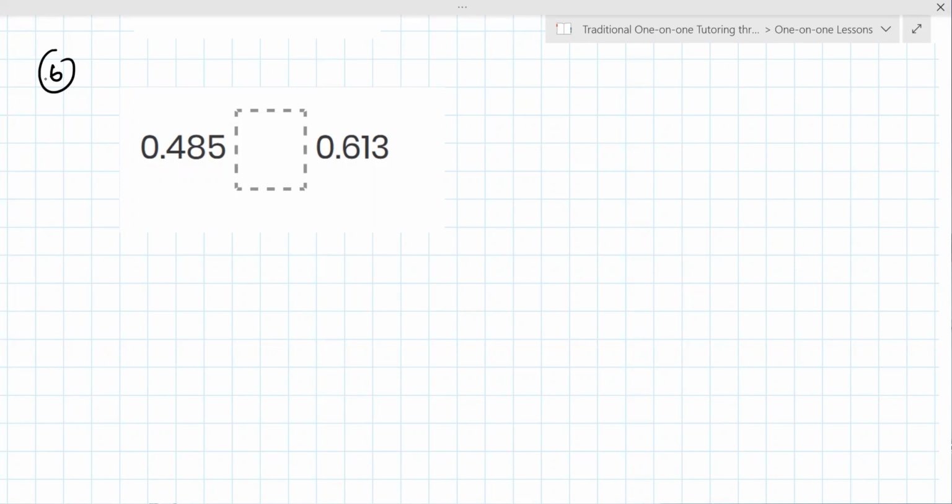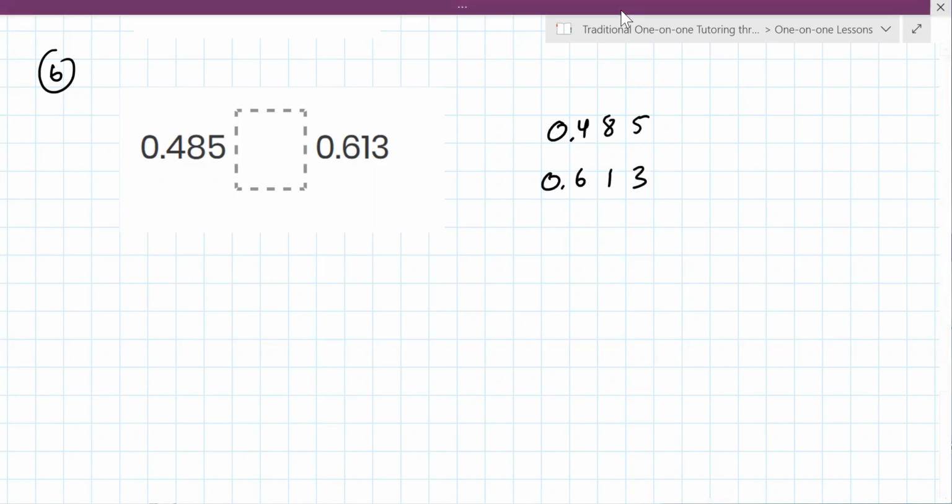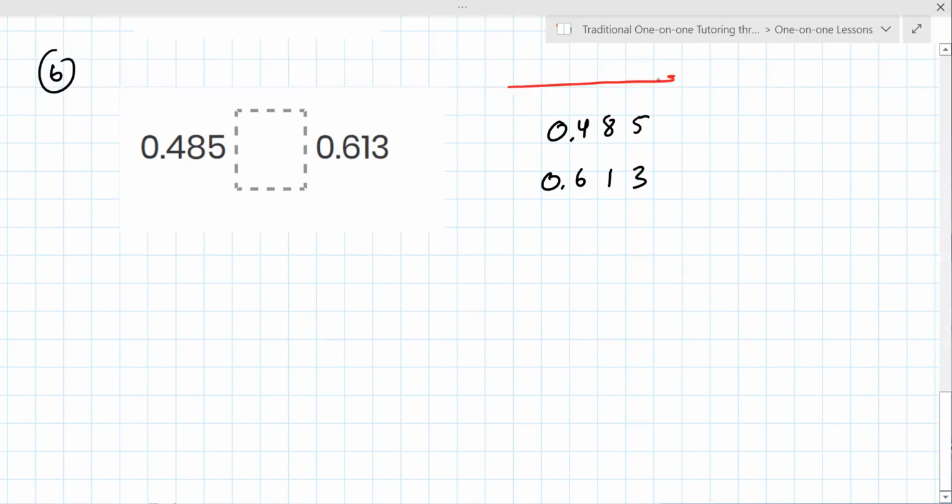Is it greater than? Is this the symbol you mean? Yeah. Okay. So you know what that means when I'm writing it off to the side here. So when I write them vertically, you start from left to right, and you look, if they're the same, you keep going.